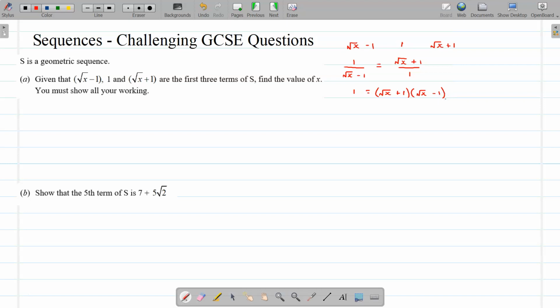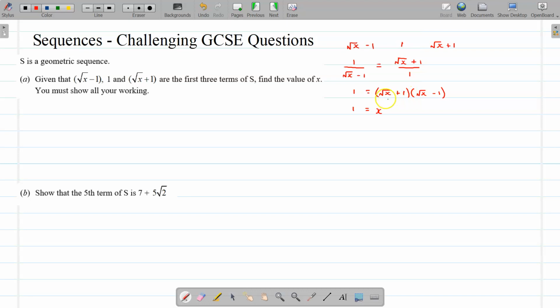Okay, and if we do what we call FOIL, first, outer, inner, last, on this, we've got that 1 is equal to, well, the first term, root x times root x is x. The outer term is minus 1 times root x, and plus 1 is the inner term times root x.